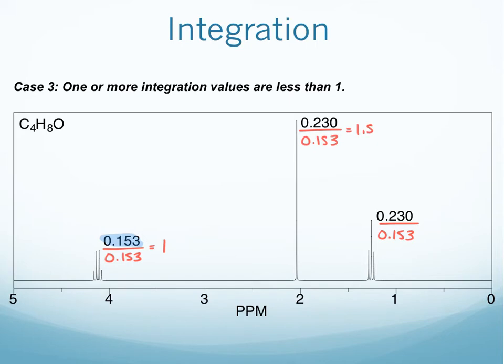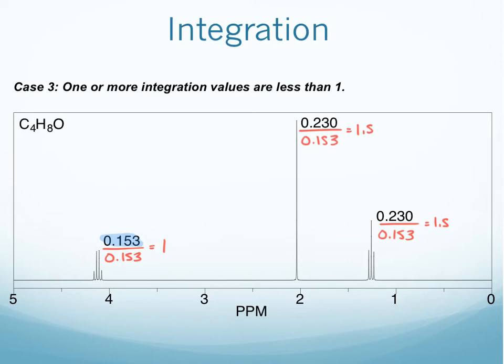And the third one also gives us 1.5. So we can't have half of a proton, so we know these values still aren't where we need them to be. And if you have an integration for 1.5, in most cases, you're just going to multiply that by 2 to get it to 3.